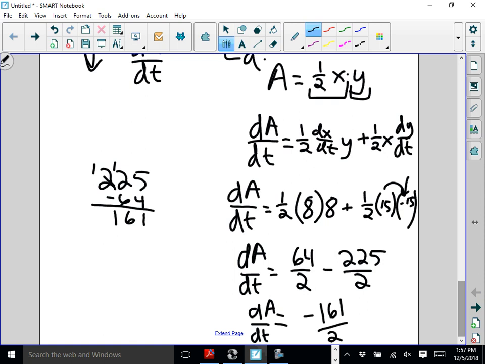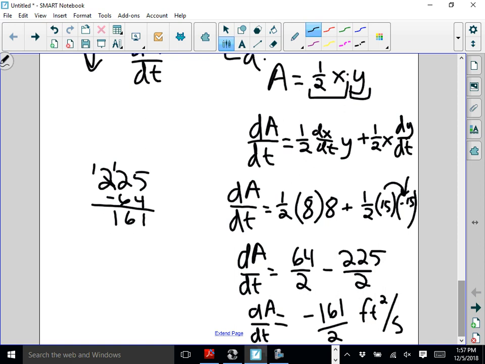So that's my answer. Units. Area is measured in square units, so in this case, it would be feet squared per time unit, which in this problem is seconds. So that is the rate of change of the area. Because dA/dt is negative, we know the area of the triangle is decreasing at that instant. Okay.